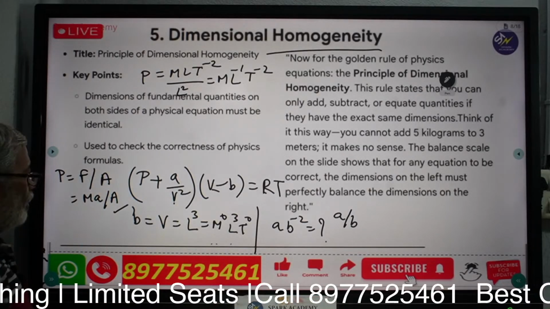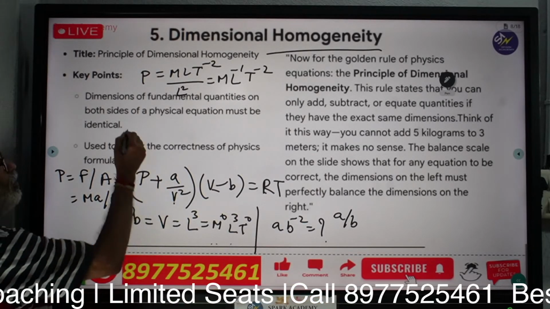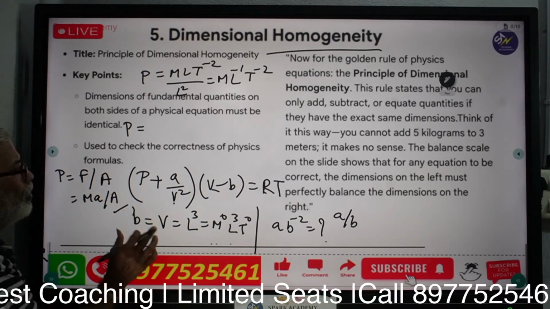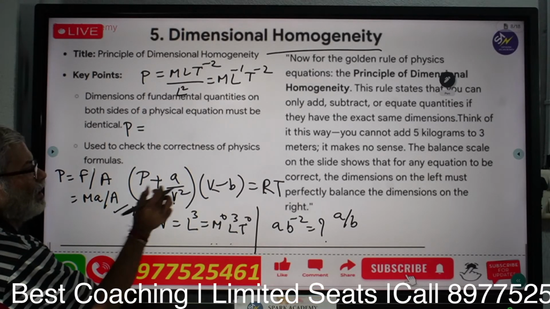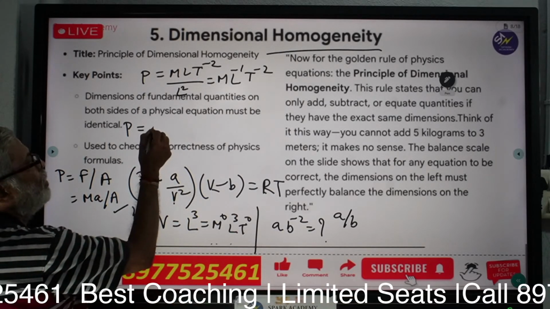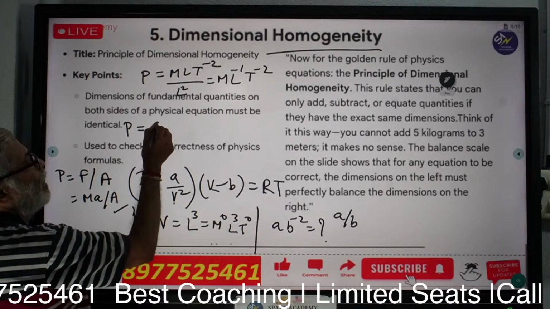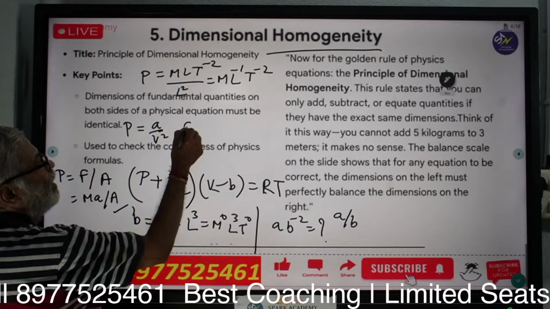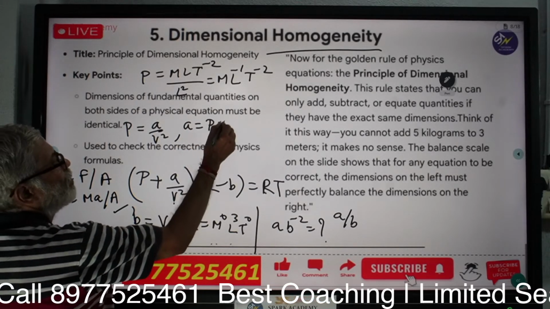Pressure. Now according to the principle of homogeneity, the dimension of P is same as the dimension of A by V square. So P will be equal to A by V square. Therefore what is A? A will be equal to P into V square.